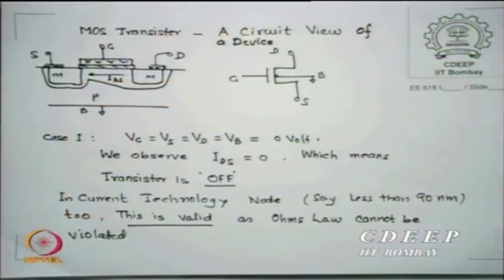A MOS transistor, as I say, the circuit view of a device is very relevant to us. For a device, first we will talk and then we will say how circuit people realize it, what is the value for them here. Okay. I have only a MOS transistor, so for me I say okay, I have some substrate, I created some regions, I have some gate, some drain, some source.